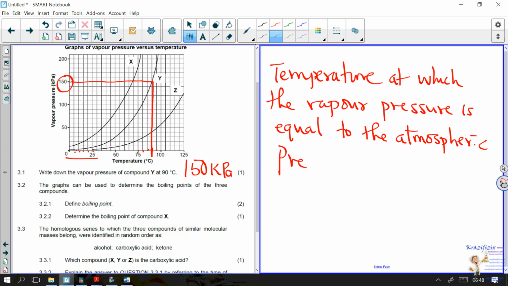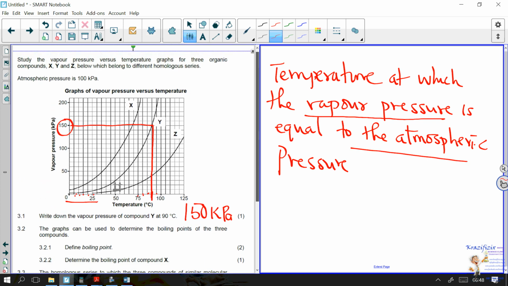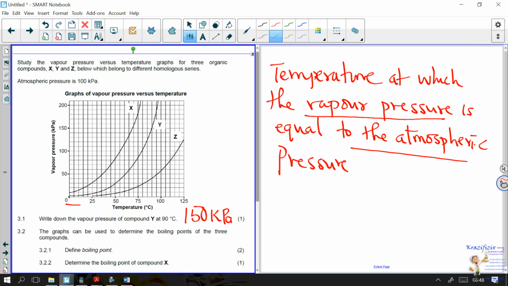All right, temperature where the vapor pressure is equal to the atmospheric pressure. Great stuff. Now, determine the boiling point of compound X. Since we have been able to define it, we said the vapor pressure is equal to the atmospheric pressure. And in this question, the atmospheric pressure is 100 kilopascal.